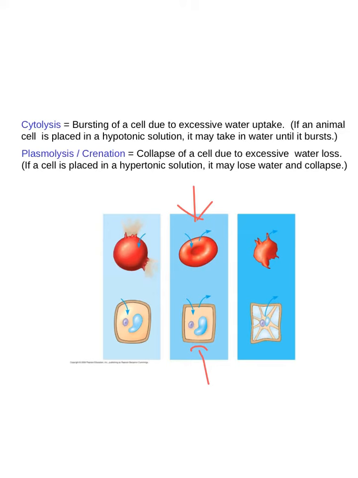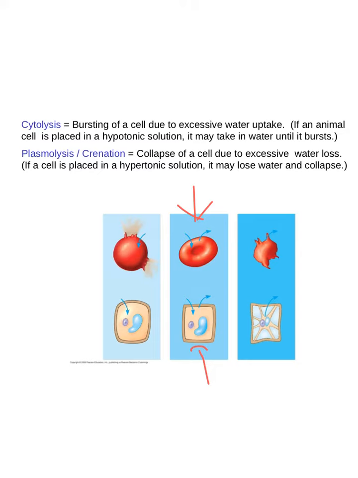If, however, we were to put either of these cells in a hypotonic situation. Remember, in a hypotonic situation, you're going to have a lesser amount of solute in the solution that they're in, but that means there's going to be a greater amount of water. So water is going to enter the cell.